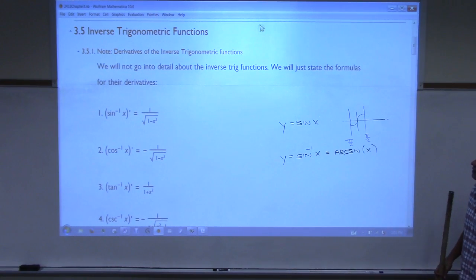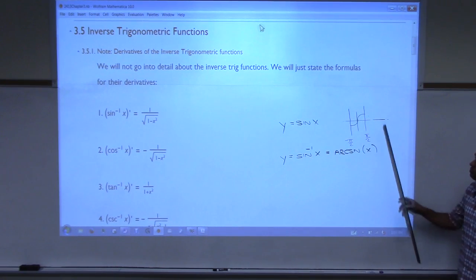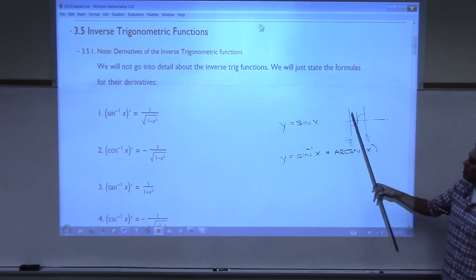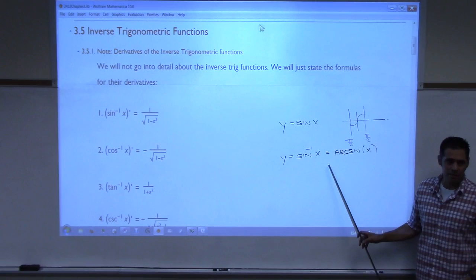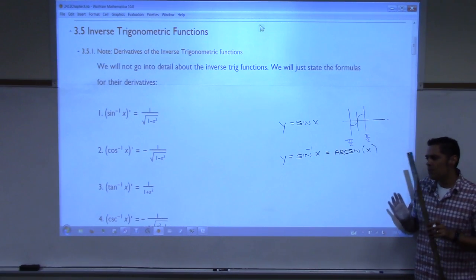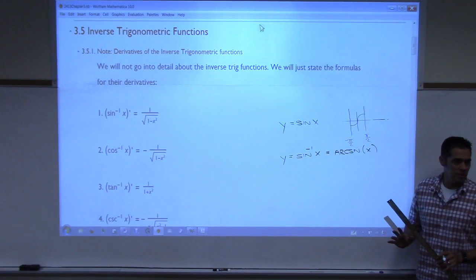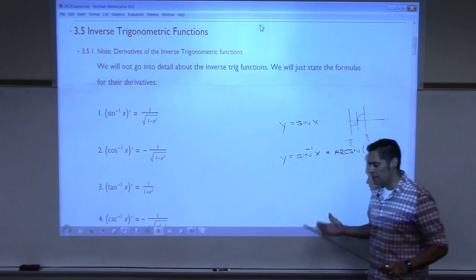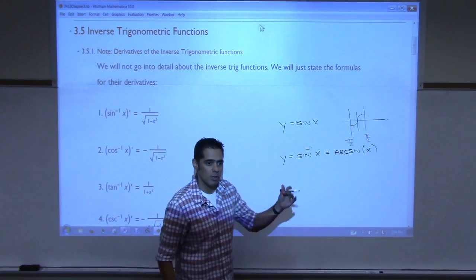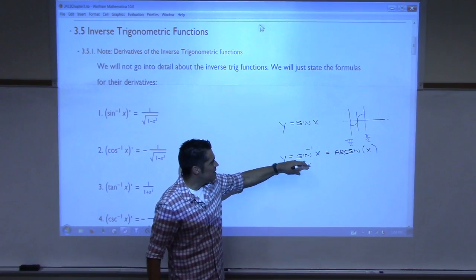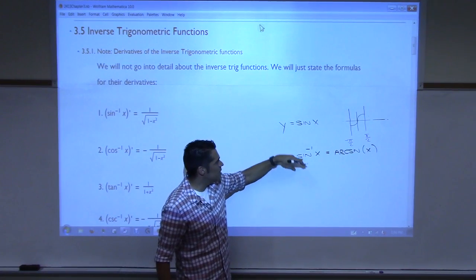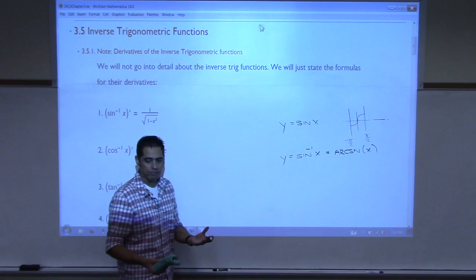All right. So in pre-cal we defined the inverse trig functions, all of them, right? There's 6 of them. And all of them have different domain restrictions. And I'm not here to rehash all that. I just want to make sure everyone's aware that the inverse functions can only be defined for trig functions if there are those domain restrictions.